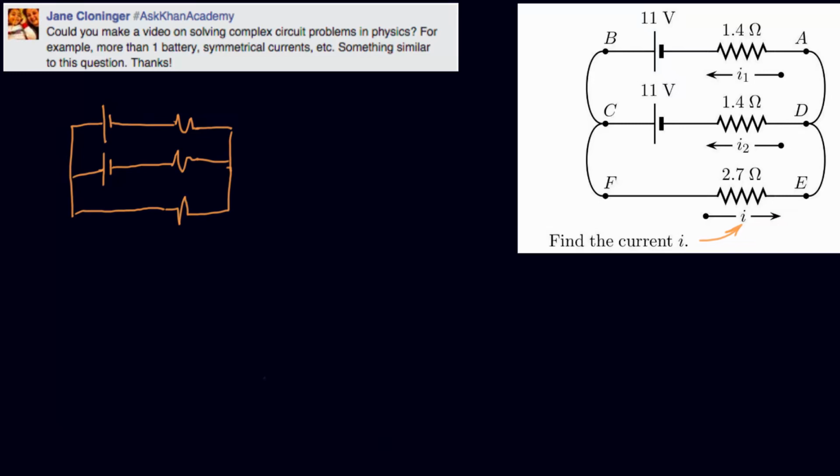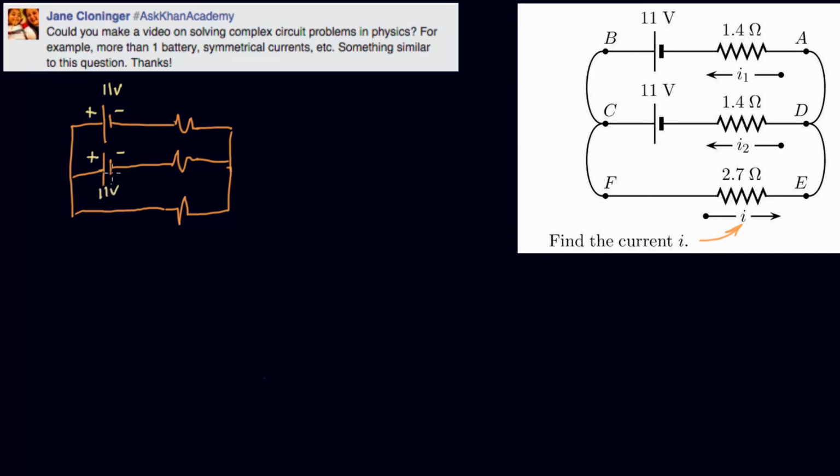Now I'm going to label it just to make sure I got everything right. So this is 11 volts. And I know from the battery symbol that the short line is the minus side and the long line is the plus side. And same here. So these two batteries are hooked up exactly the same way, in the same direction. This one's also 11 volts.